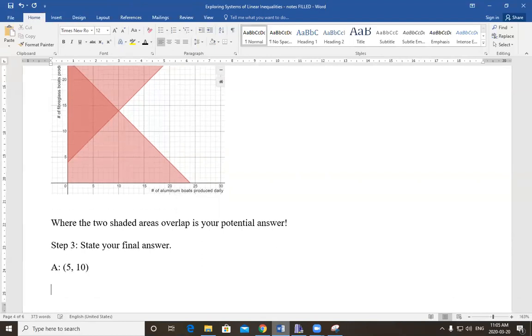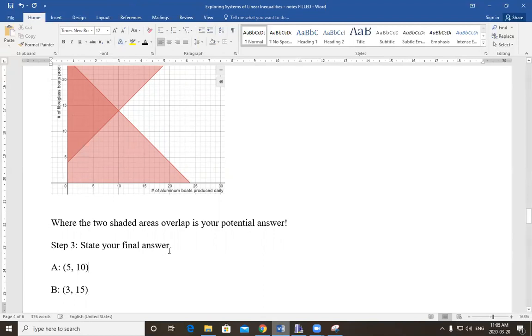And second point B, we'll go X is 3, Y is 15. So the second point is (3, 15).